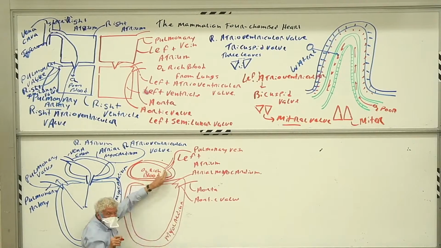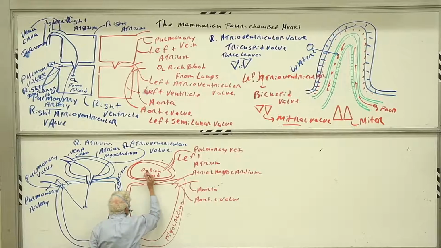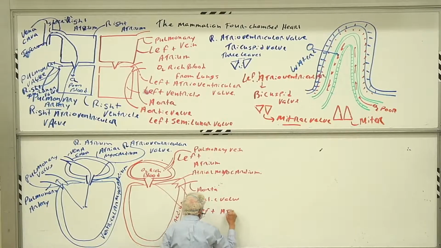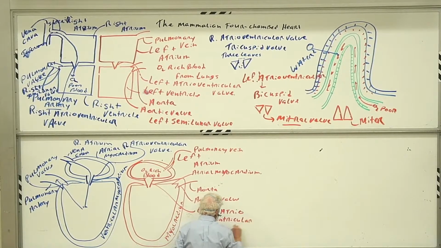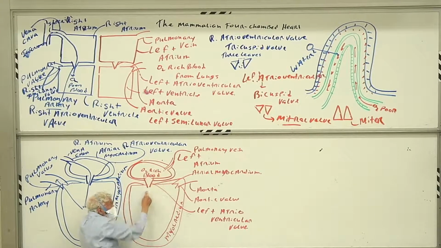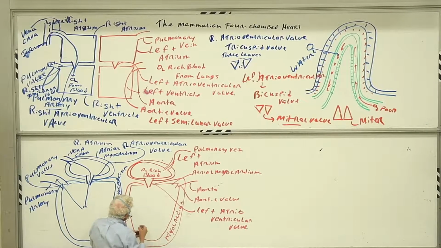which is returned from the lungs, comes into the left atrium, flows across the left atrioventricular valve, and the left atrioventricular valve now allows blood to flow across it into the ventricles.